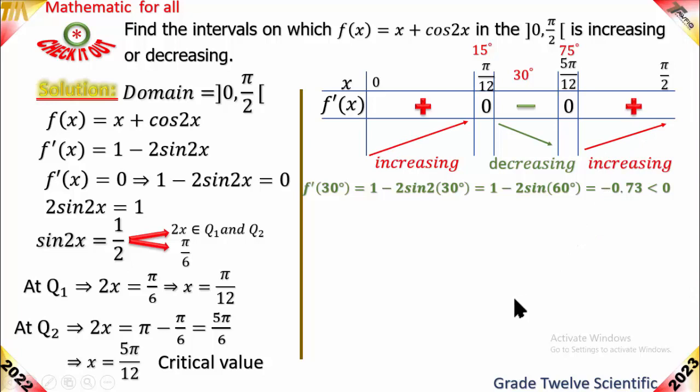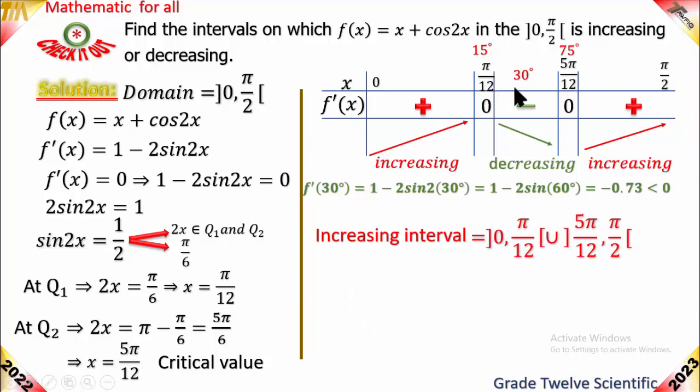That means the decreasing interval is from pi over 12 to 5 pi over 12, and the increasing interval is from 0 to pi over 12 union 5 pi over 12 to pi over 2, and decreasing interval, as we said, from pi over 12 to 5 pi over 12.